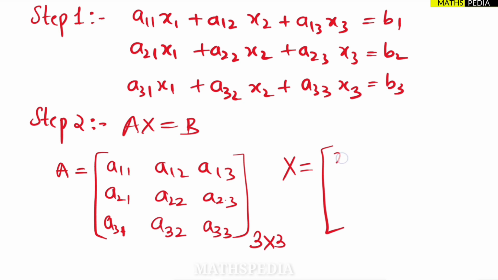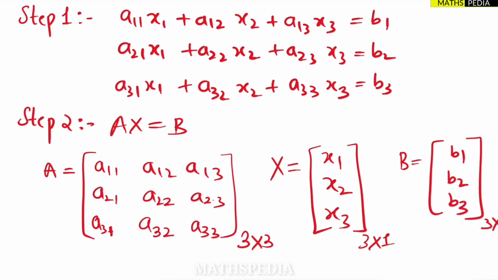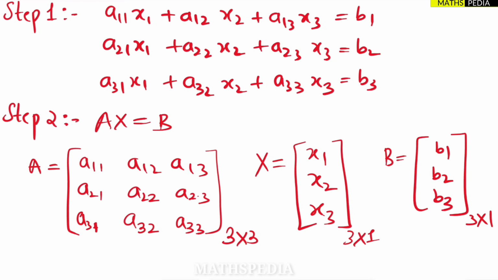X matrix is nothing but the column matrix X1, X2, X3. It is 3 cross 1, that is 3 rows and 1 column, and the B matrix will be B1, B2, B3. So you can observe the change. The only change is that the order will be changing, that means 3 rows will be coming instead of 2 rows.